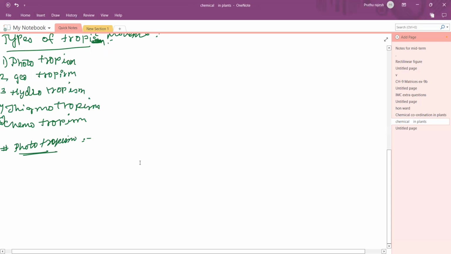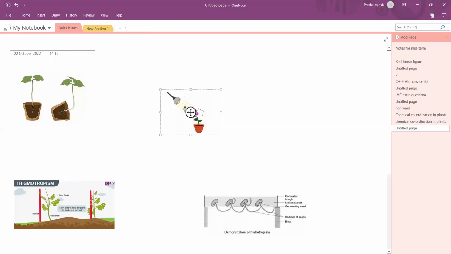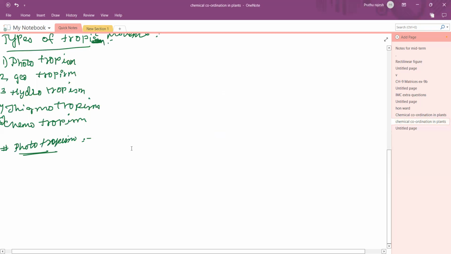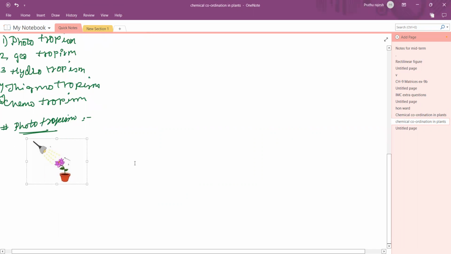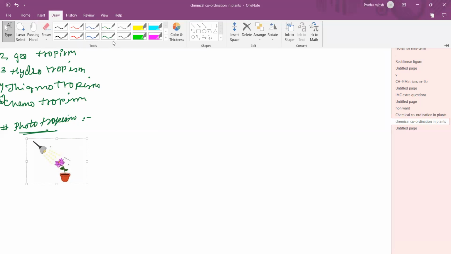Let me insert it here. Right, let me complete these notes for you.